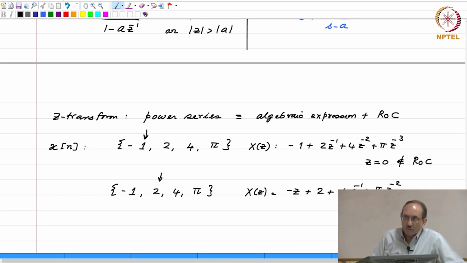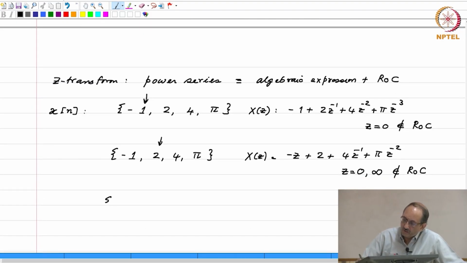Again z equal to 0, this will blow up, and for which other value of z will this not be finite? So, both 0 and infinity are not part of the region of convergence. All other values are.